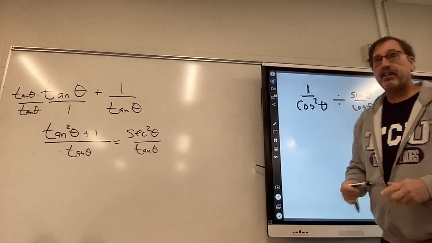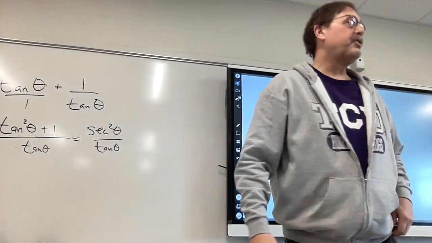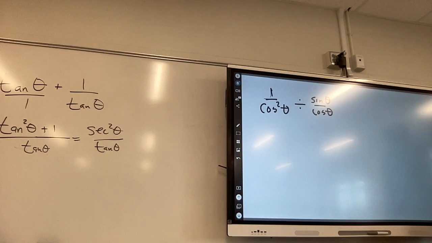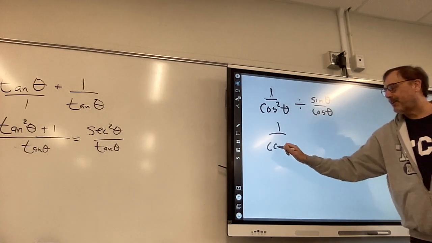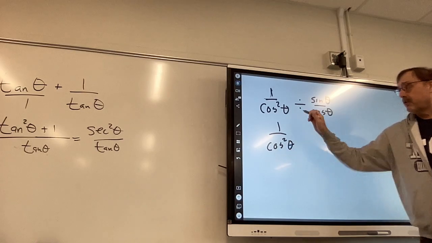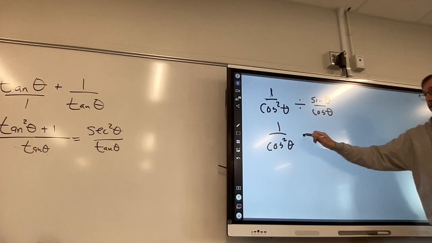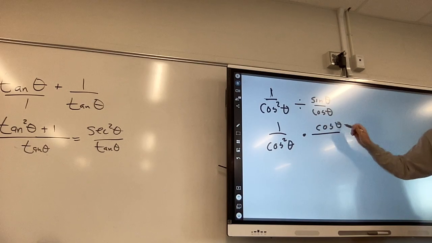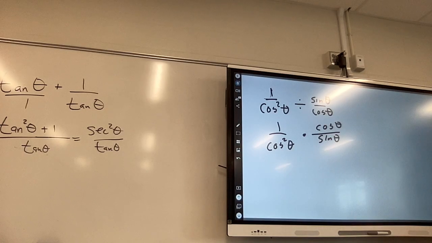Keep it, change it, flip it. 1 over cosine, divided by sine, turn it into a multiplication and flip it.